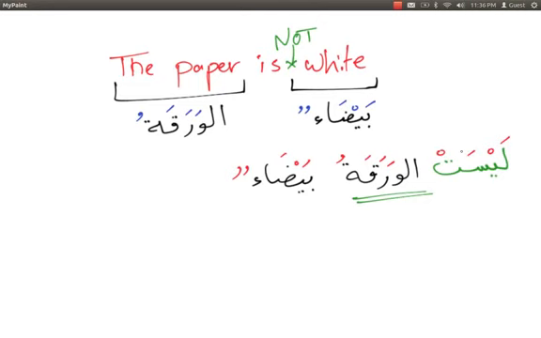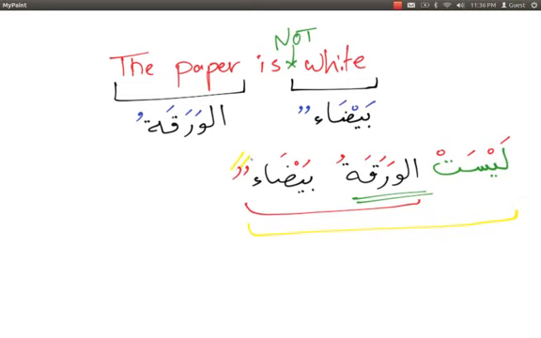So if I say al-waraqatu bayda'un, that means the paper is white. If I say laysat al-waraqatu bayda, I have to change here something. Bayda'an.